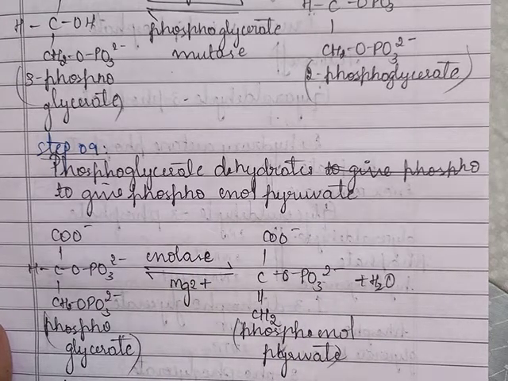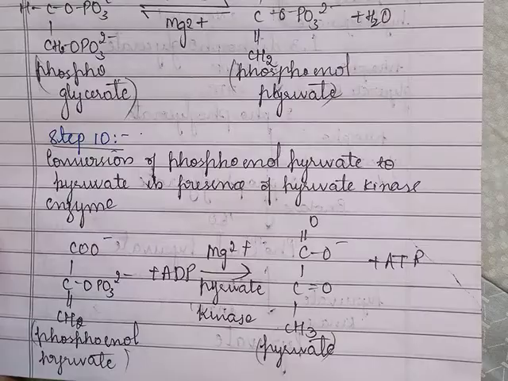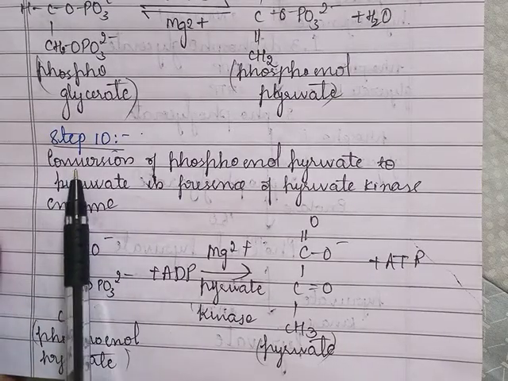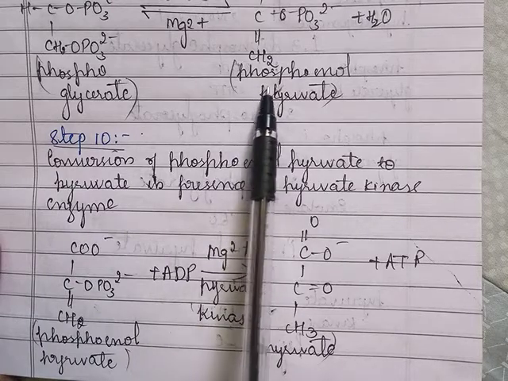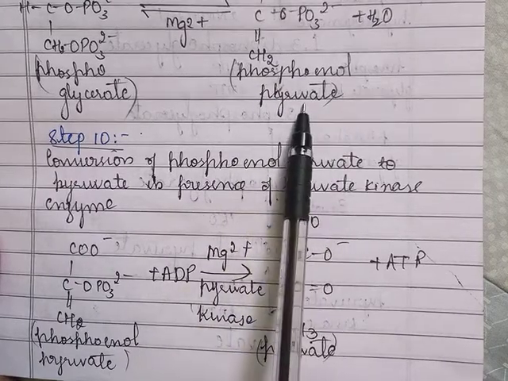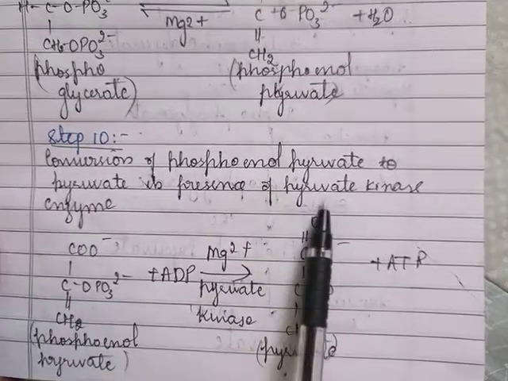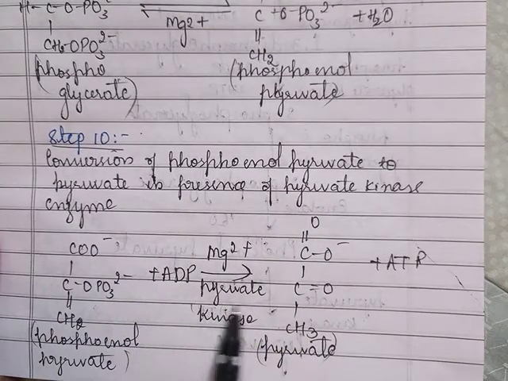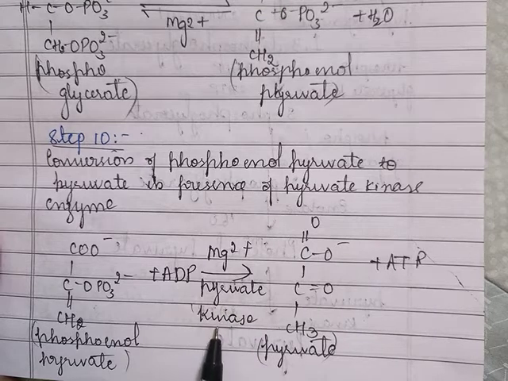So next let us see the last step. The last step in glycolysis is the conversion of phosphoenol pyruvate into pyruvate in the presence of an enzyme called pyruvate kinase.